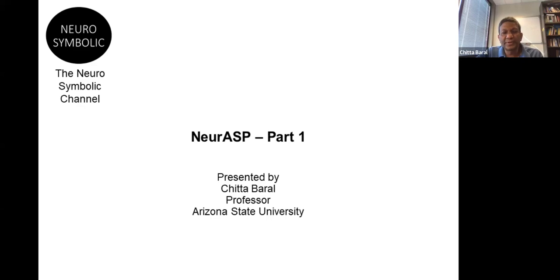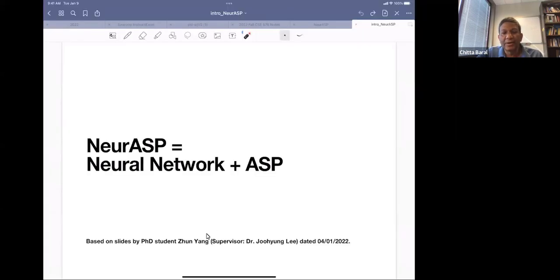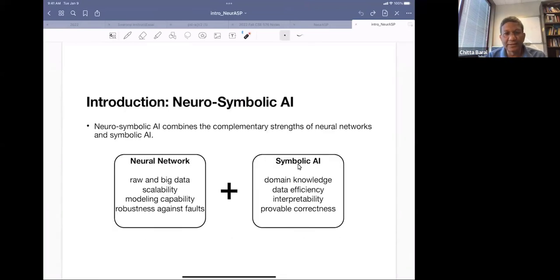So I will be presenting mostly a paper by Jun Yang and Hyung Lee on neural network and answer set programming, or NeurASP. So the topic of this class is, of course, neuro symbolic reasoning, and the idea is to have frameworks where we can have both neural networks and symbolic AI.